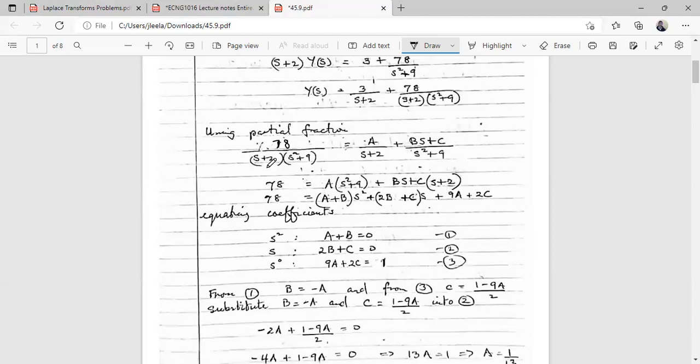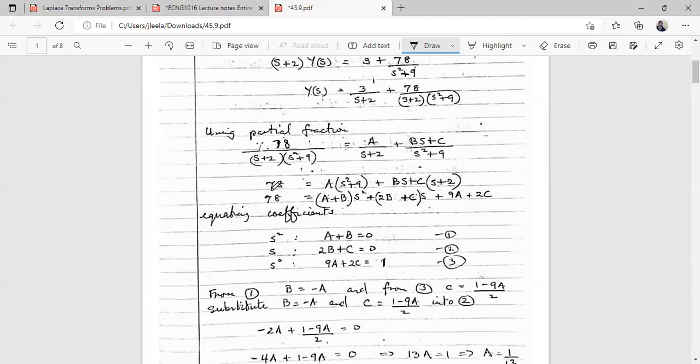And then you multiply it throughout by (s plus 2)(s squared plus 9). That will give you A(s squared plus 9) plus (Bs plus C)(s plus 2).